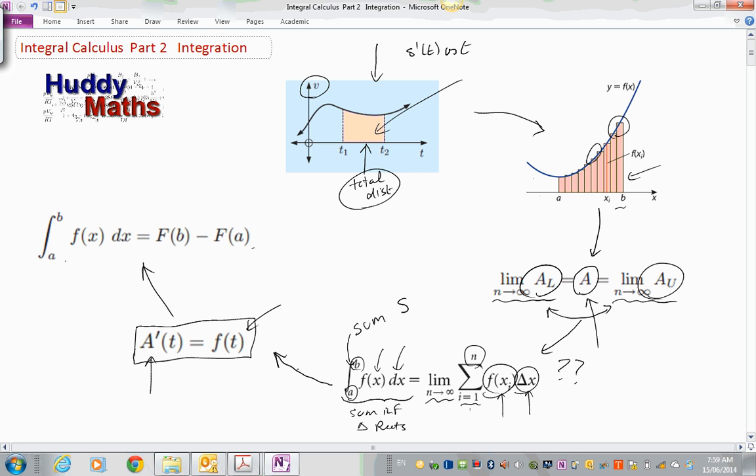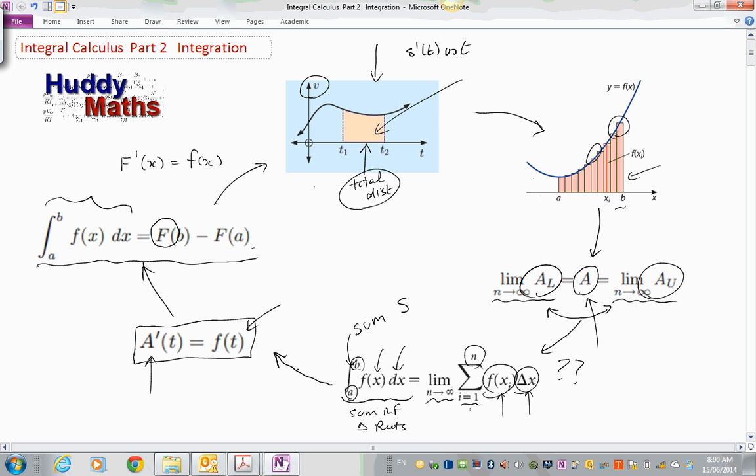So what did we end up with then? We said if you wanted to find the sum of the infinite number of rectangles and come back and finally find the answer back up here, you actually had to find f. Now what is f? Well, f is the function which is going to give you the area. So f dash x is our original function.